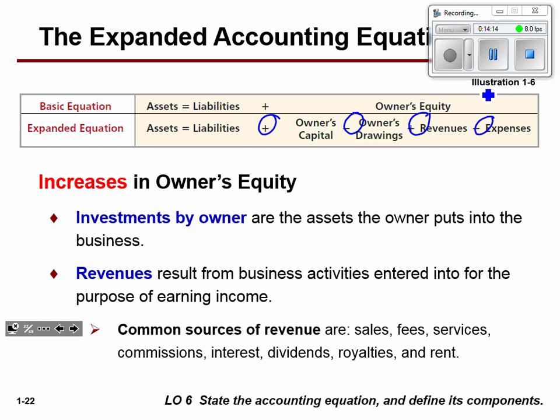So let's talk about the two pluses. If I drew something like in your notes, you see how this looks in your notes, there's two things that make the owner worth more.